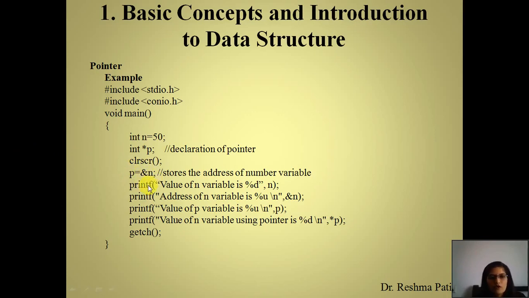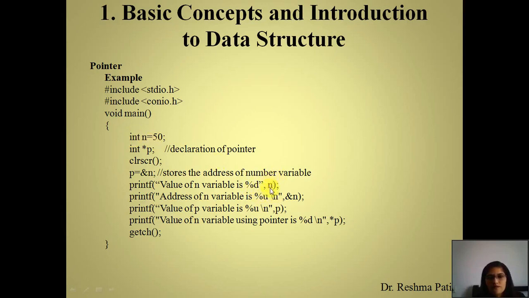Now we have to print the content of n as well as the pointer variable using printf statements. So first printf statement is the value of n variable. The value of n is of type integer, so to show the value of integer type we have to use %d and a comma, after that the variable name.